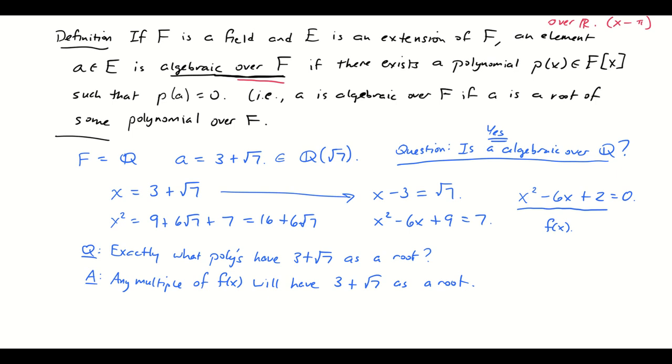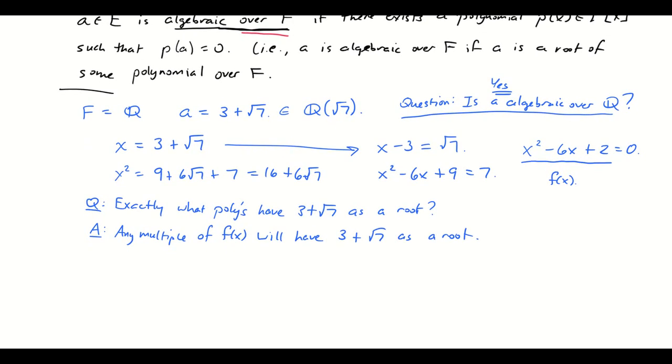But you might wonder if there are any other polynomials not included in that description that have 3 plus root 7 as a root. Well, suppose there is some other polynomial, let's call it p of x in Q adjoin x, that also has this as a root.